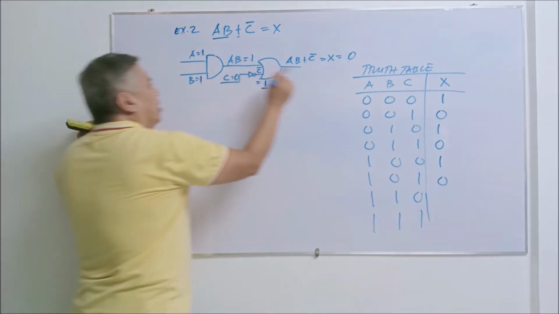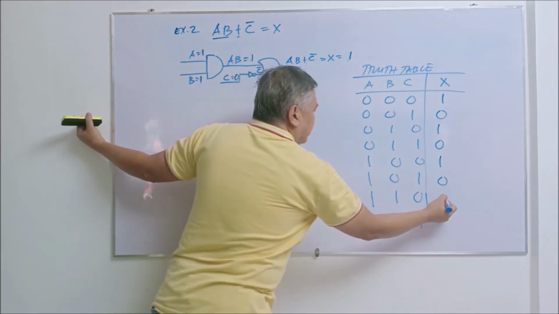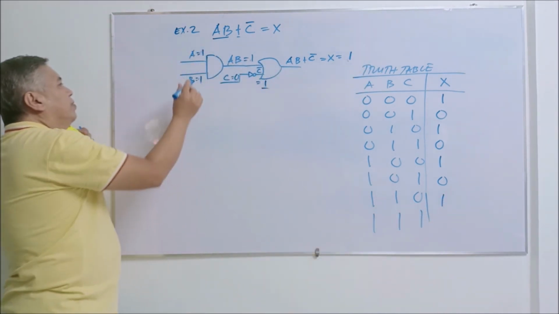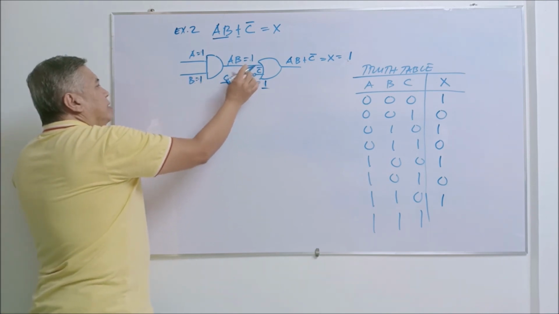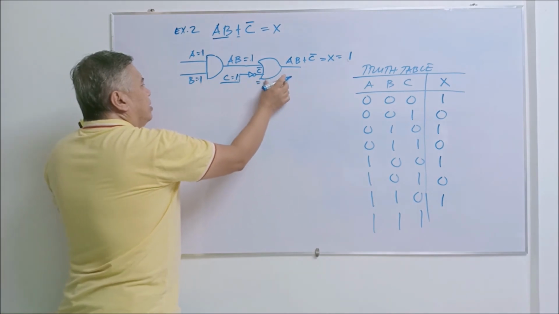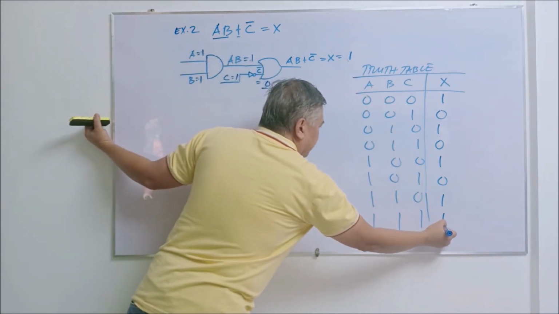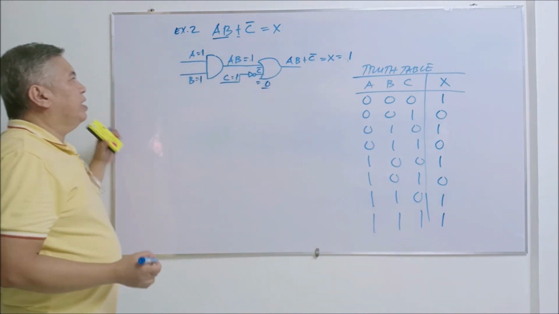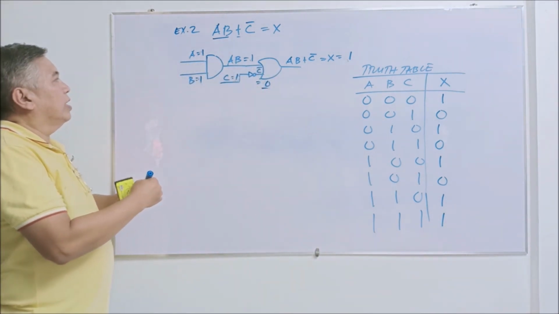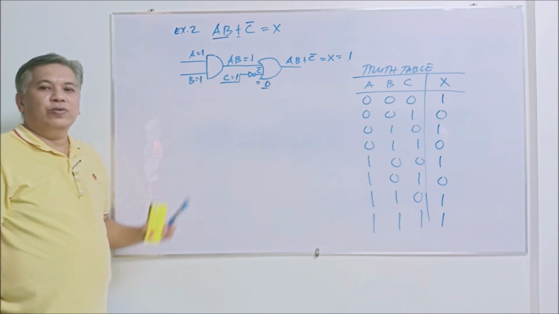So you have 1, 1, the output is high, or 1. And for 1, 1, 1, you have 1 for AB, and C complement is 0. You have 1, 0, the output is still 1. And that is for the equation AB plus C complement is equal to X.